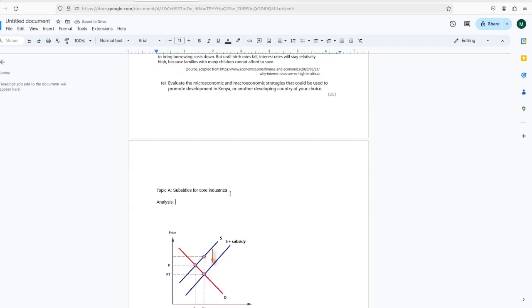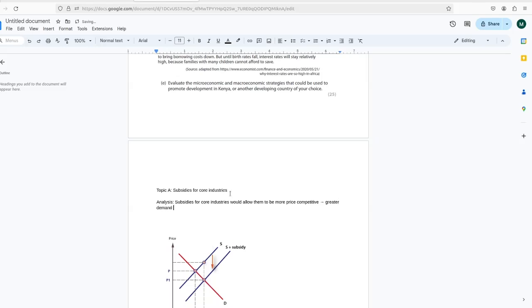So in terms of analysis for topic A, I'm thinking in terms of subsidies for core industries would allow them to be more price competitive, which will result in greater demand domestically.